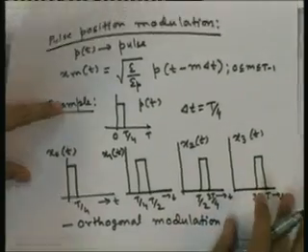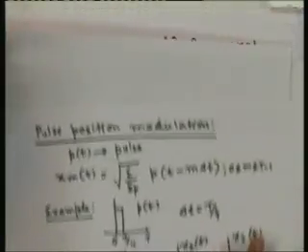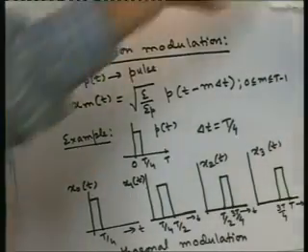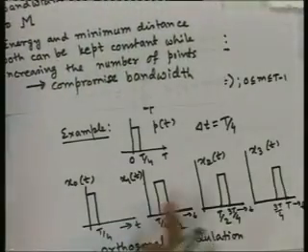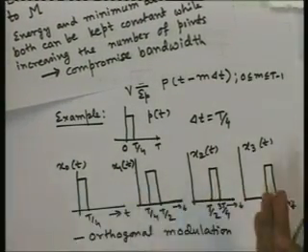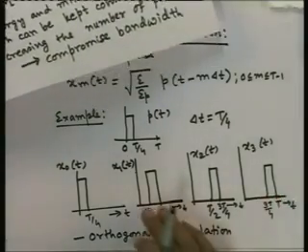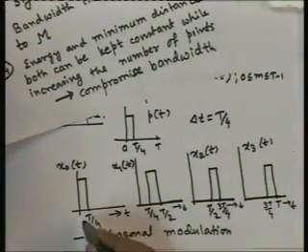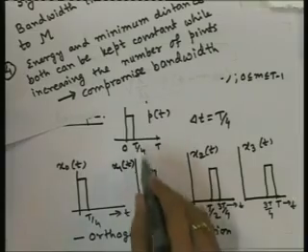And all the properties of FSK are still valid for PPM. Constant energy modulation. Obviously each has the same energy, because one is the shifted version of the others. So they have the same energy, and energy can be computed easily. Take the integration of the square of this pulse.